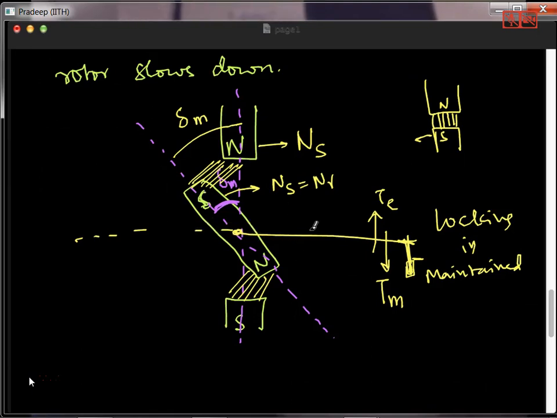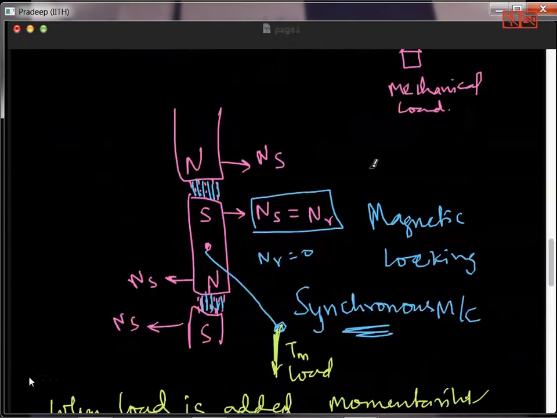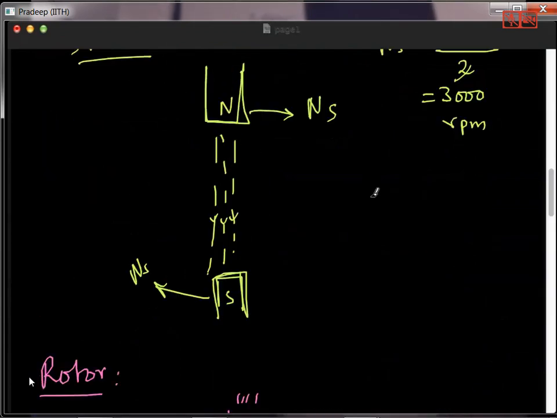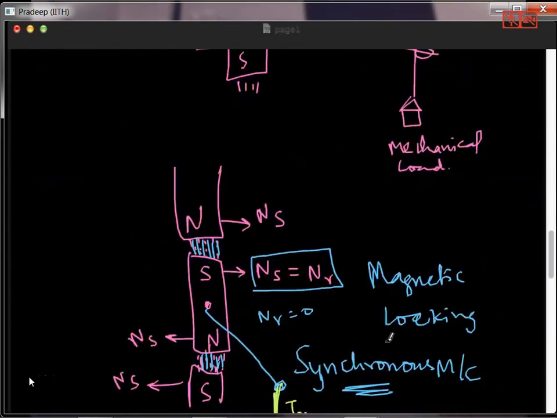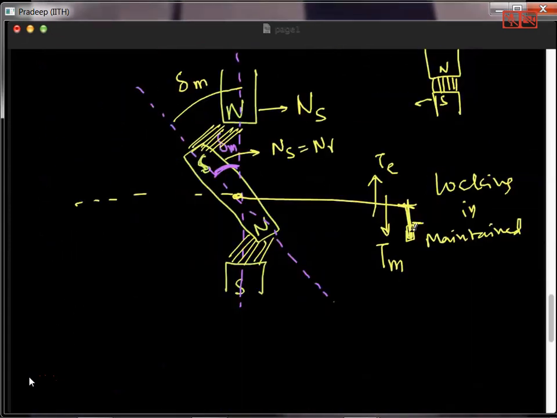So I hope now you understood. This is the working principle of a synchronous machine that I just explained. And then I explained why this angle is coming into the picture because of the load, and what is the meaning of falling out of step. The load may be gradual or the load may be sudden. In the case of sudden load, there will be oscillations in theta m, and then finally it will settle.